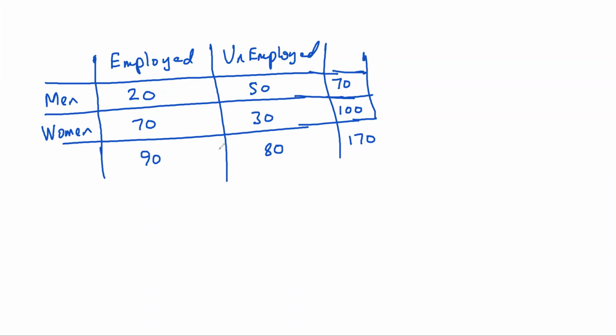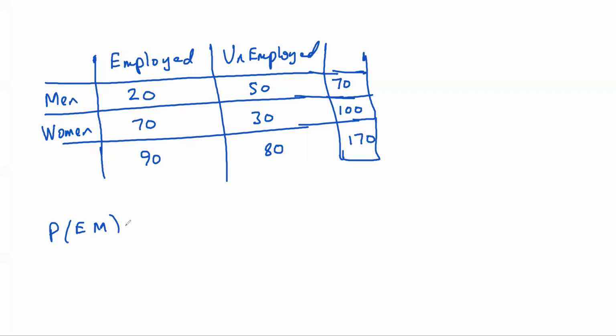Now, suppose you have to find the probability. You choose a person from all these 170 people over here. And the question is, what is the probability that the person chosen is an employed man? So the probability of employed and man.